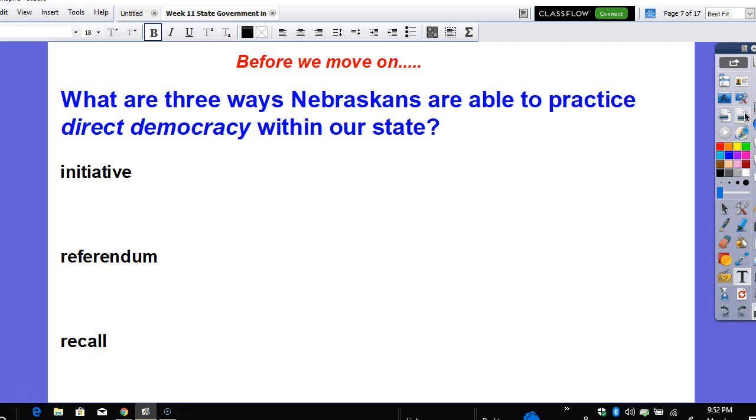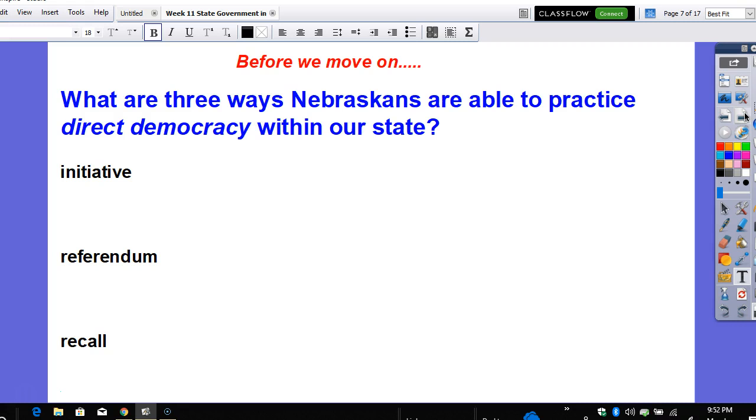And if over half the voters approve of that initiative, that proposed law becomes a law here in our state without ever having to go through the state legislature. Initiatives are a way for the ordinary Nebraskan to be able to get a law in the books that the state legislature just won't take action on.